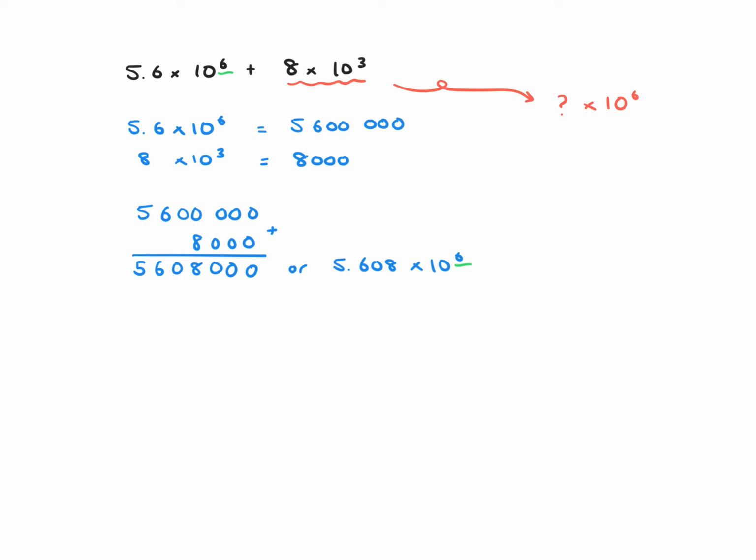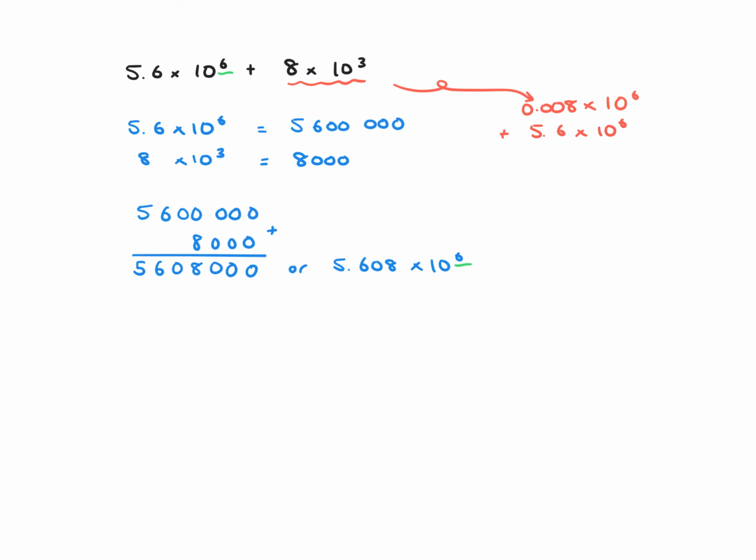Now, because we've essentially multiplied 10 cubed by 10 another 3 times, then we need to divide 8 by 10 3 times to match this. 8 divided by 10 cubed, or divided by 10 3 times, is 0.008. So 8 times 10 cubed is the same as 0.008 times 10 to the 6th power.